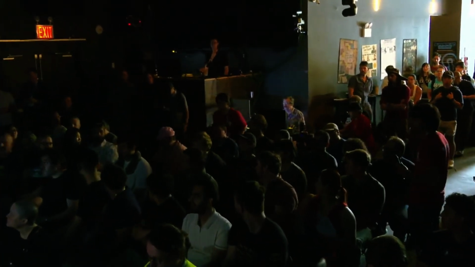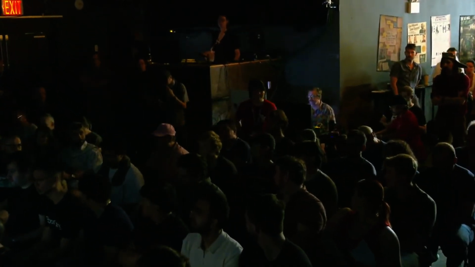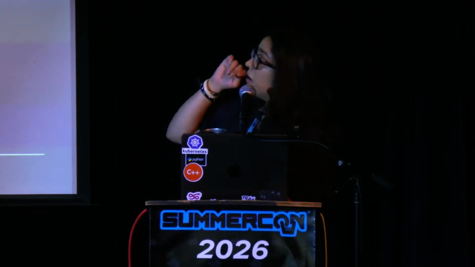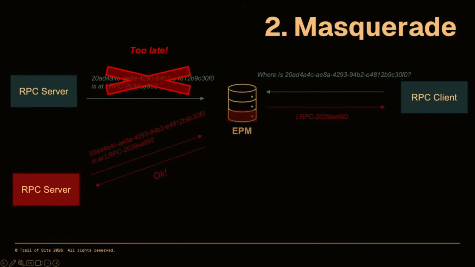Hello. Hi. Could you explain again how you were able to impersonate the RasMan RPC server? Oh, yeah, sure. It wasn't that hard just because I crashed the RasMan server, right?